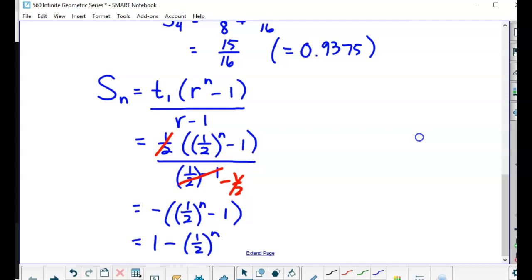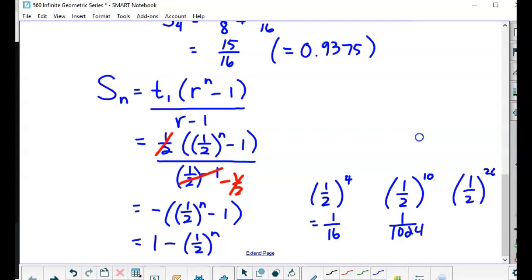Well, think about what happens to 1/2 as you raise it to the exponent n. So 1/2 to the 4th is 1/16. 1/2 to the 10th is 1 over 1024. 1/2 to the 20th is 1 over, don't copy these down, just watch.